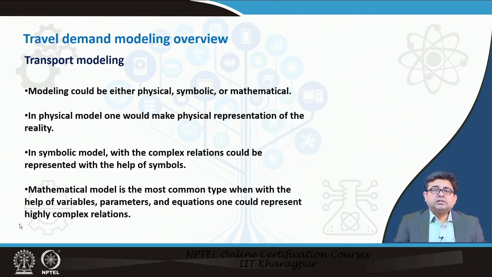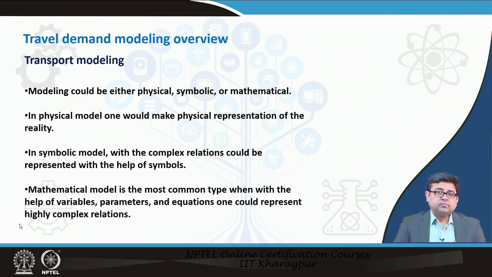Modeling in general, what a model essentially indicates is that it's a replica of the actual system or the actual network. You can build a physical model, like a miniature car which looks like an actual car.